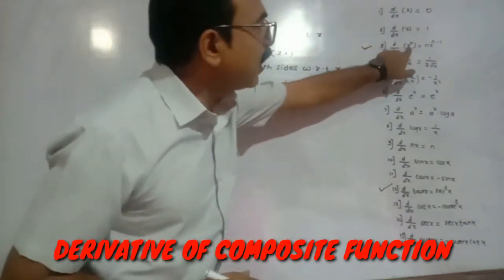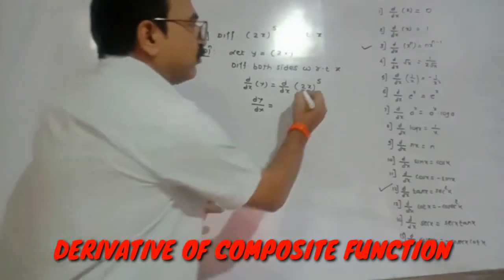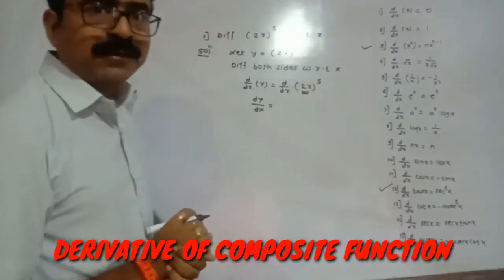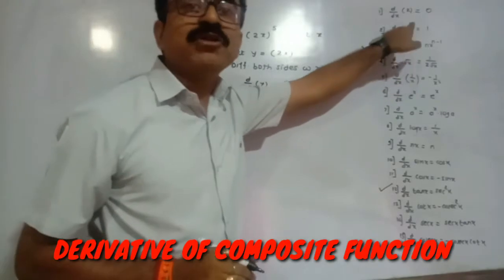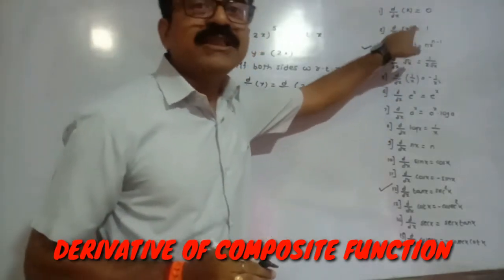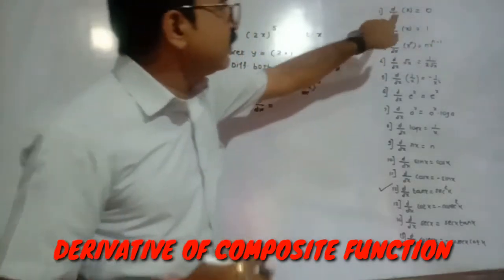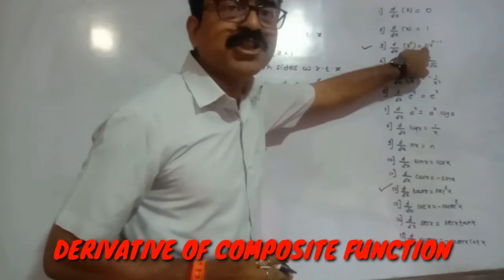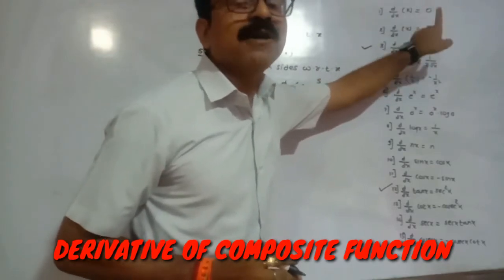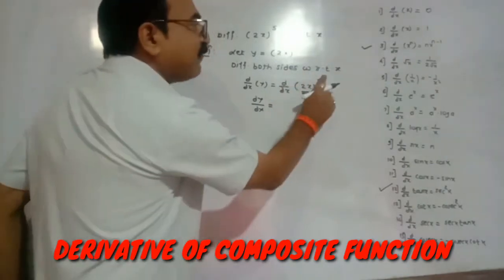In given formula you have x, but in the given function you have 2x. Okay? So what is the derivative of x raised to power n? Its derivative is n x raised to power n minus 1. Means take this power as a coefficient and reduce power by 1.